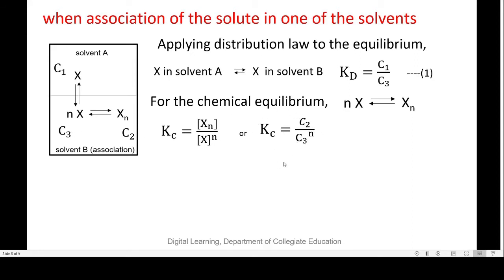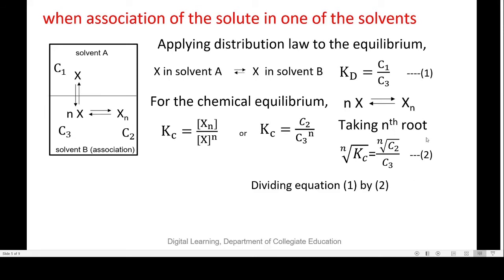Now we can take the nth root of this equation. So taking the nth root, it will be nth root of Kc equals nth root of C2 upon, taking the nth root for C3 to the power of n, it will be only C3. Let it be equation 2.